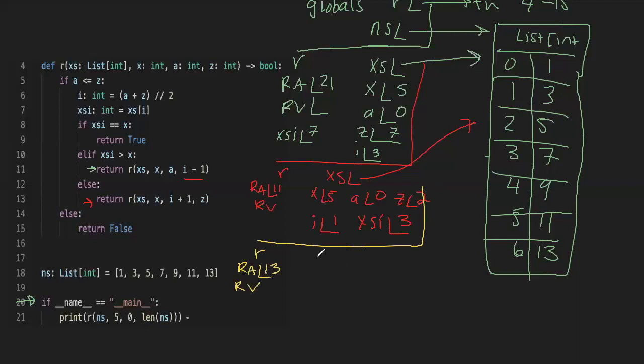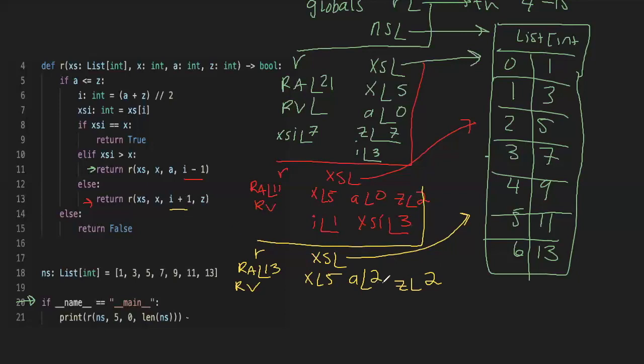RV we don't know. We have the same list. X is still 5. But now A is going to be I plus 1 from the previous frame, which is 2. And our Z is going to just be whatever Z was from before, which is 2.